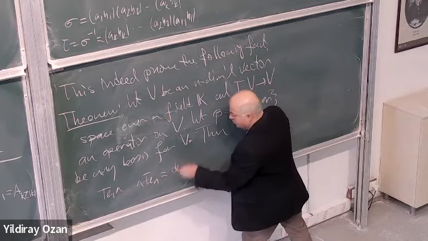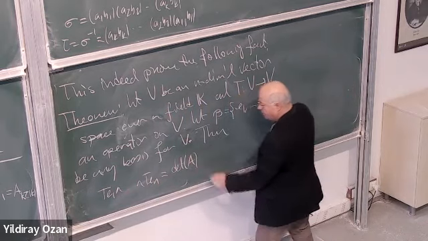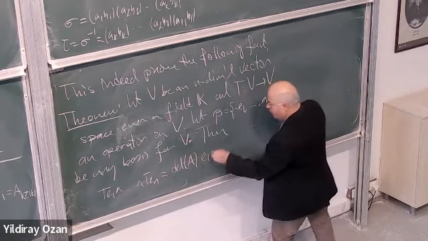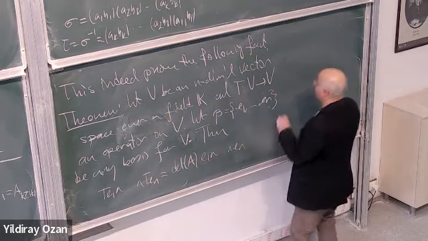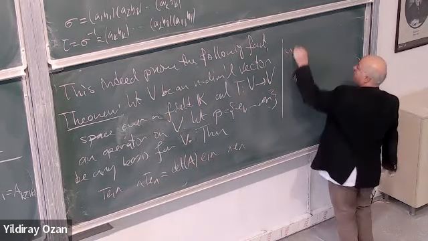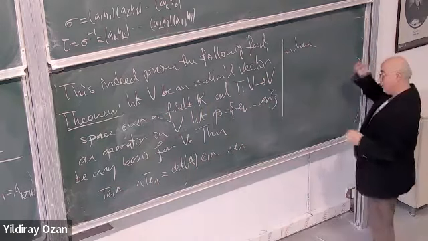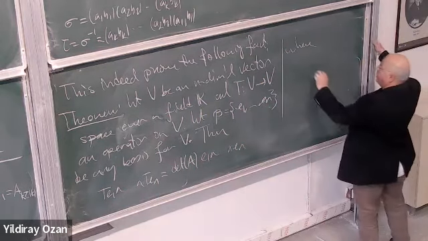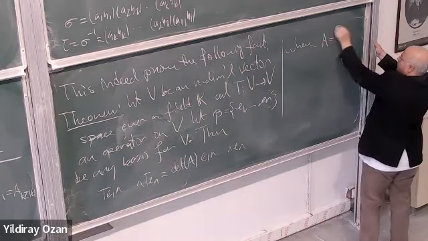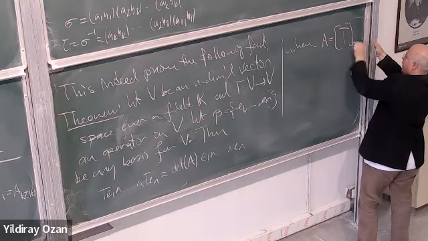And lambda is just the determinant of A times E1, up to En, where A is the matrix representation of T from beta to beta.